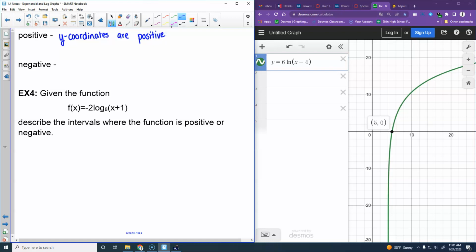And if I think about the graph, if I have positive y coordinates, where does that fall on my graph? Above the x-axis. So the opposite of this is going to be true. My y coordinates are negative for these, and that's when we'll have below the x-axis.